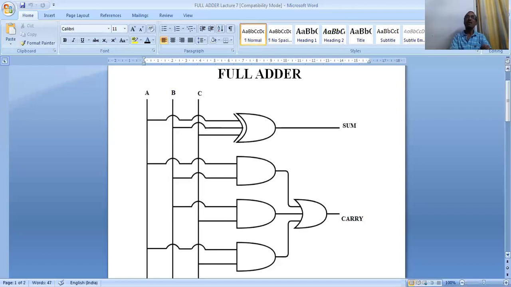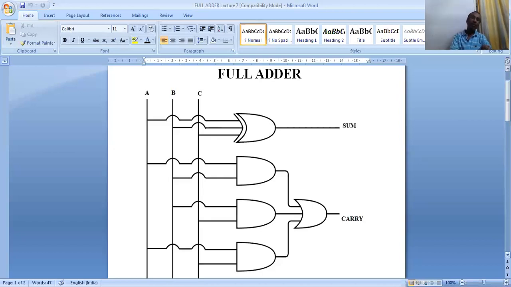But before that, construction is the heart of the full adder. Just like whenever we are constructing a building, brick is the heart, cement is the heart, sand is the heart.